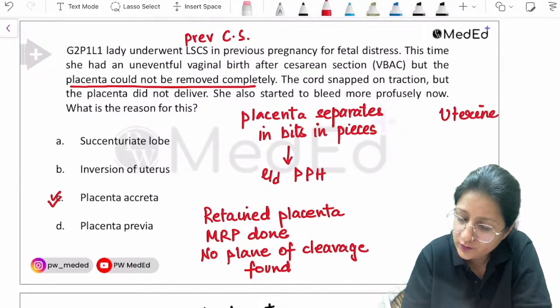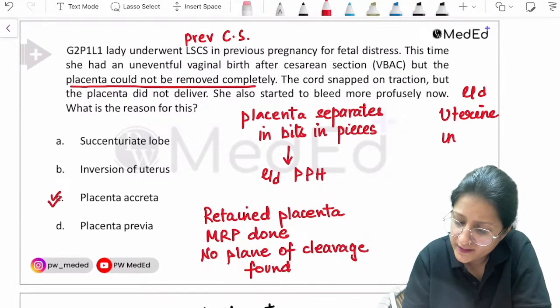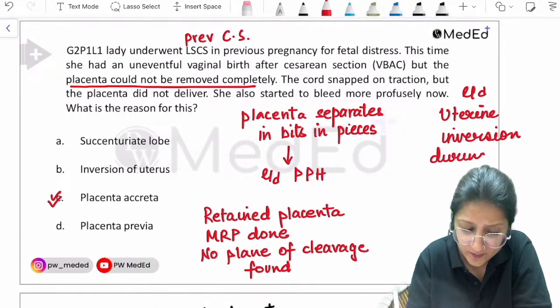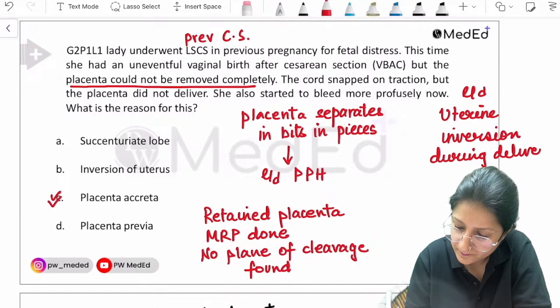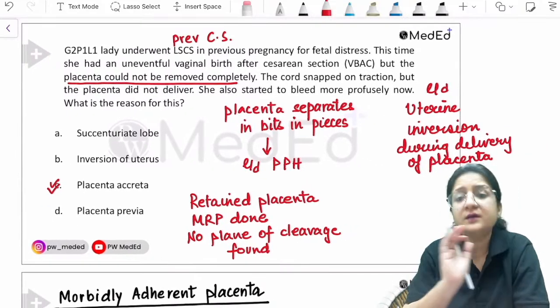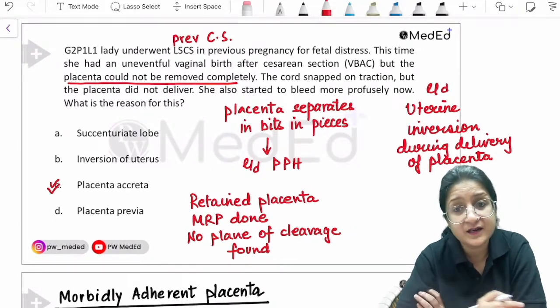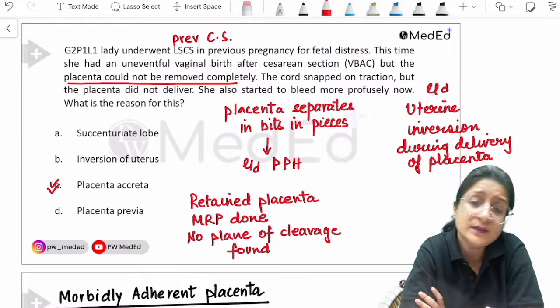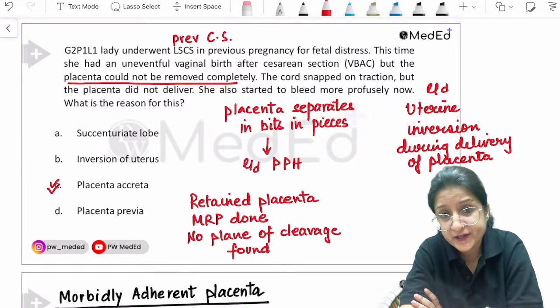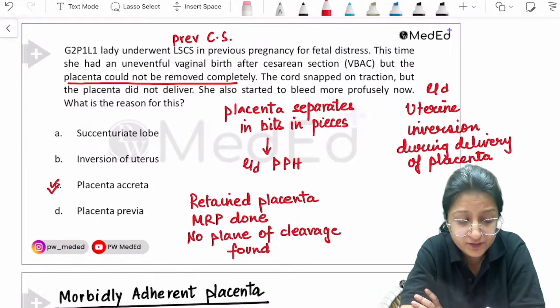Sometimes it could lead to uterine inversion during delivery of placenta. So these sort of acute presentations of placenta accreta are described, and all three situations are important. Keep that in mind. Question can be around any of these three situations.